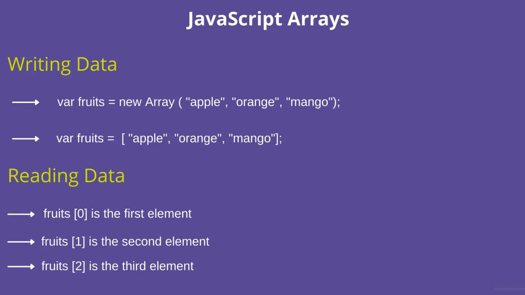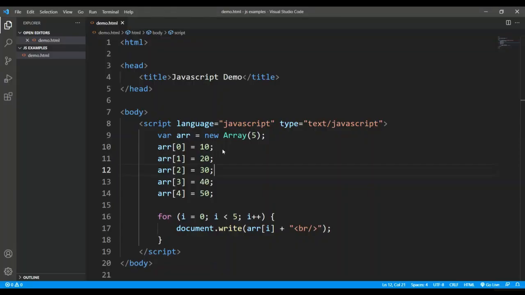So let's see practically now how we can start implementing the concept of arrays. In this implementation of arrays, as you can see, first of all I have defined the array of length 5 and I have used the new keyword for allocating a new and fresh space for this particular array. The size of the array is 5, that means it will create 5 separate element blocks in which you can put a specific value.